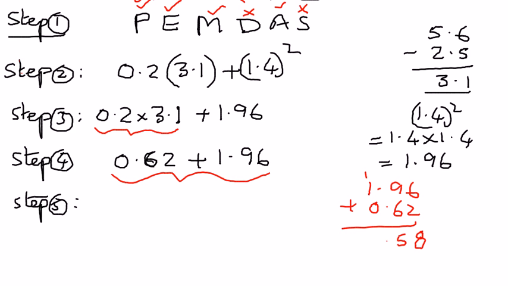Carry 1, write the 5 there. 1 plus 1 is 2. So when we add these two numbers, the value comes out as 2.58. And this is our answer.